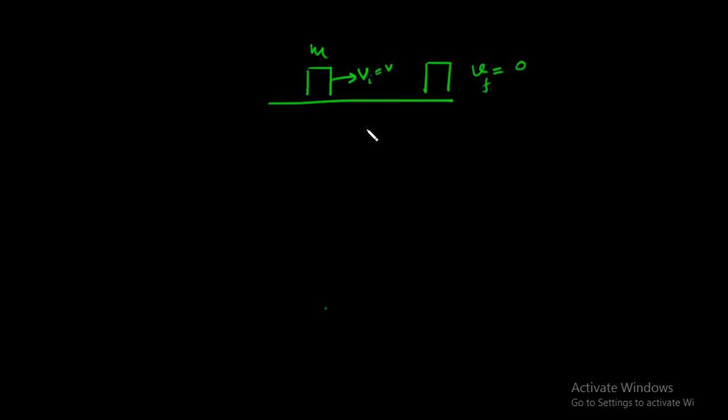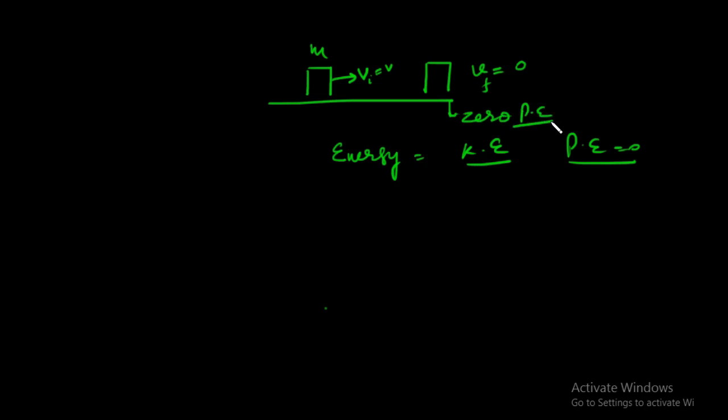One thing you see, since it is a horizontal surface, the only energy the block has is the kinetic energy. So potential energy is 0. Since we assume the surface to have 0 potential energy, as the surface is the reference point, the total mechanical energy would be equal to the kinetic energy of the block, right?